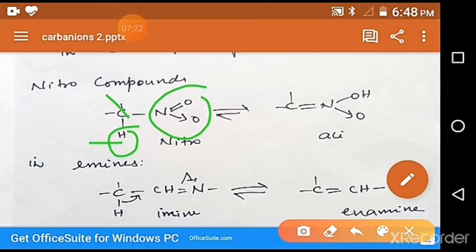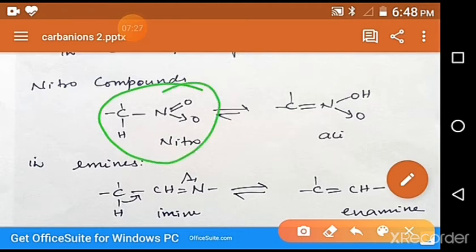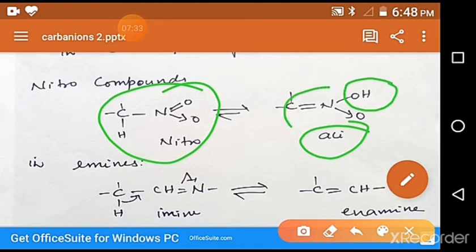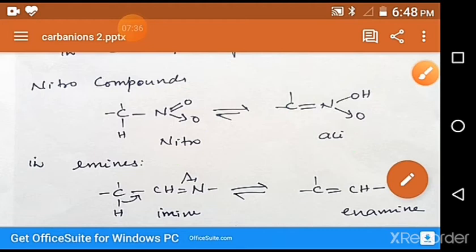One is the nitro form, and this is the acid form. Why? Because the OH is acidic in nature. The OH group is attached to a double bond, that's why it's called enol form. It is also called acid form in nitro compounds.